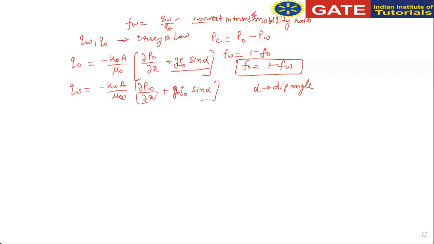Okay. So this equation is your 1. This equation is your 2. So we know the capillary equation: PC is equal to PO minus PW.